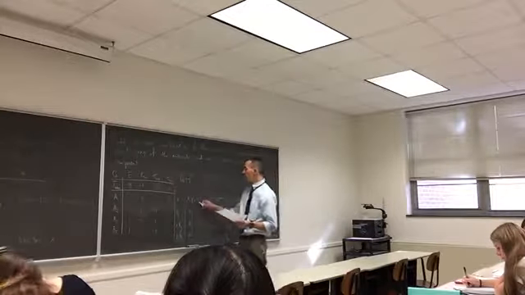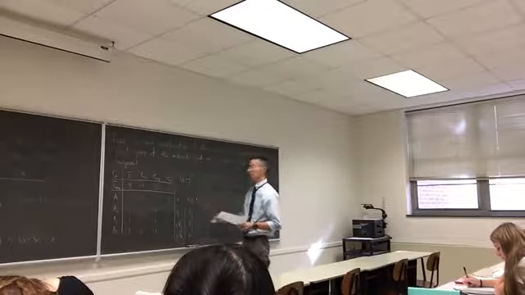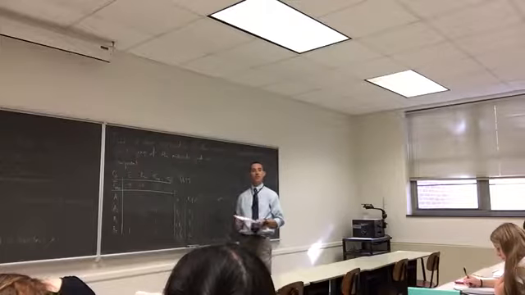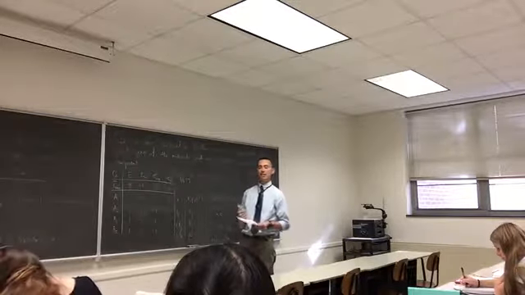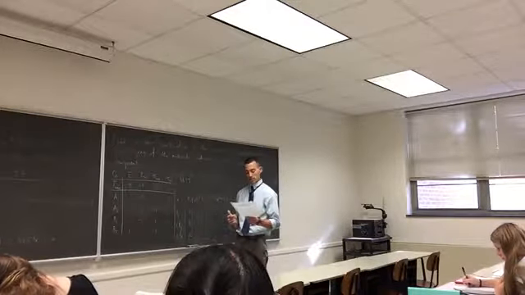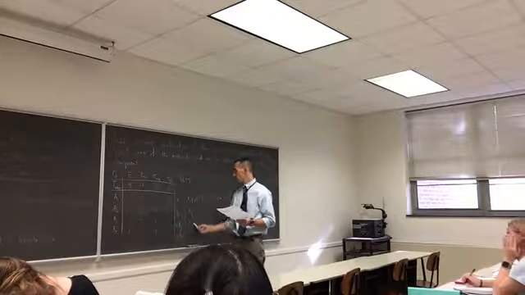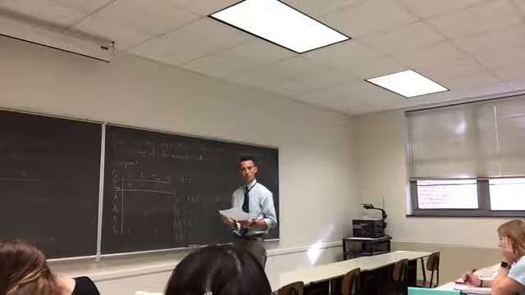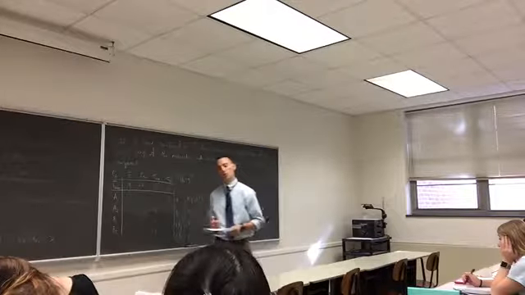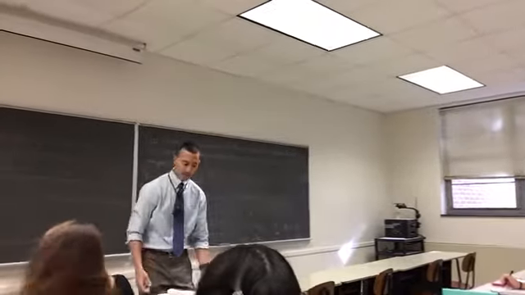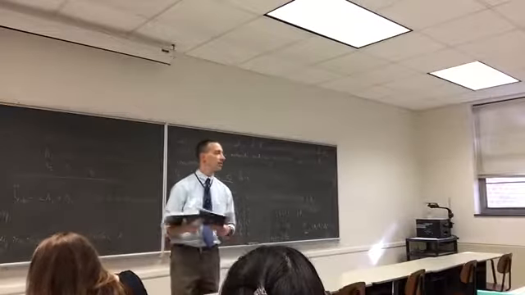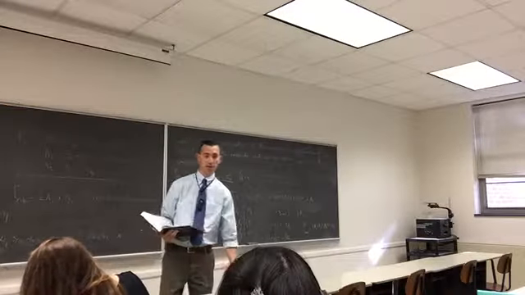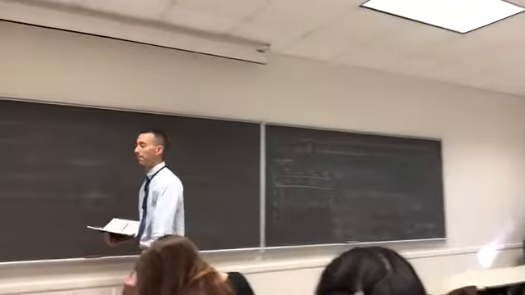So A1 describes the symmetry of the dz squared orbital. And B1 describes the symmetry of the dxz orbital. So not only are those two going to be detectable in an IR spectrum, but they're going to be detectable in a Raman spectrum.